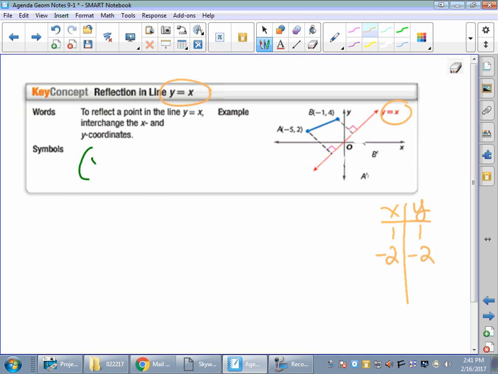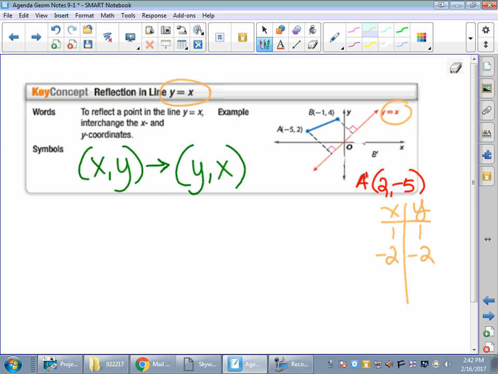So in other words, my xy coordinate becomes a yx coordinate. So up here, I've got a point A that is at -5, 2. So point A prime is going to be at 2, -5. No sign change, only the ordered pairs switch.